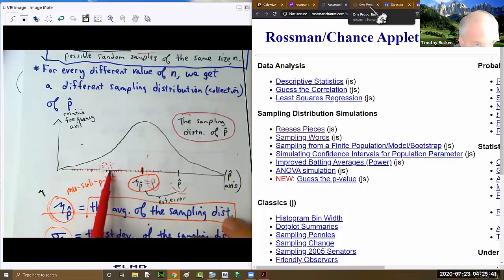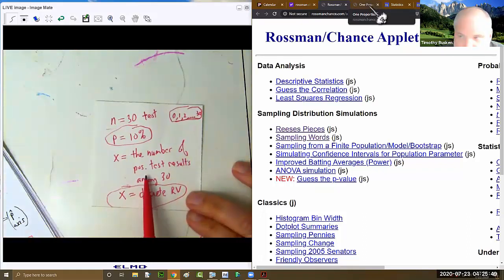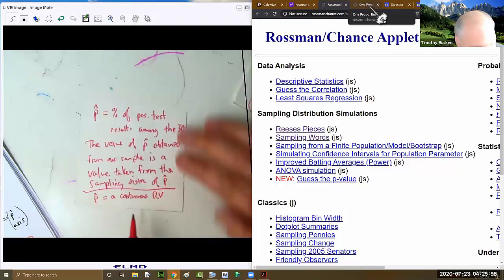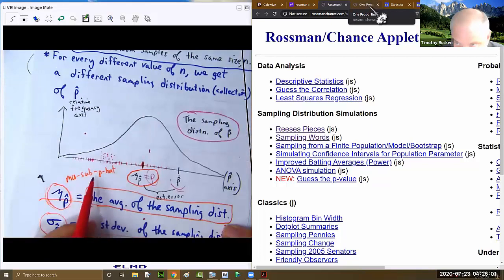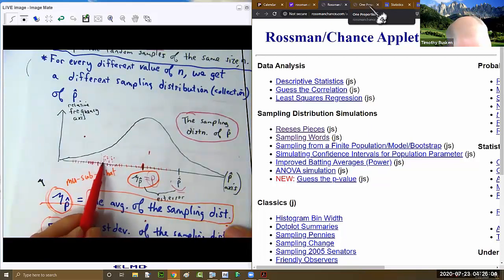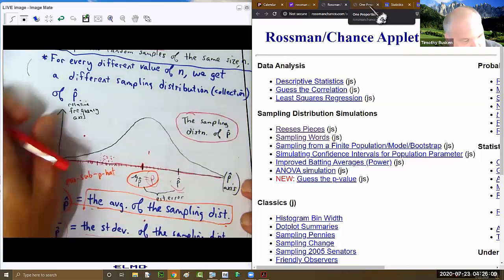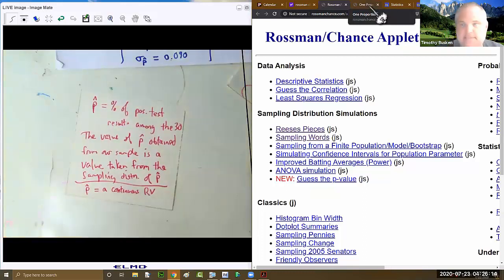So even though X, the number of positive test results, is a discrete random variable, when you get a sample percentage, that will be a continuous random variable, just some number in this connected set of numbers along the p hat axis. So p hat will be a continuous random variable in the case of the sampling distribution. I don't know if I'm just going around in circles there.